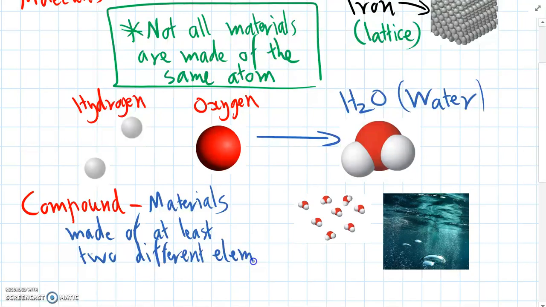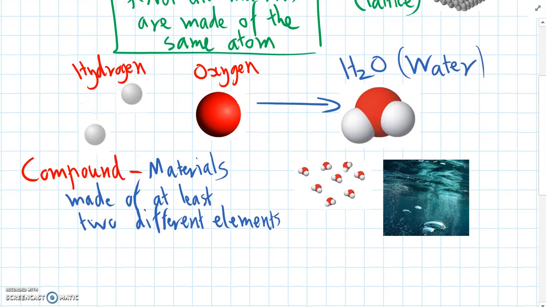Two different elements. And the key with compounds is that those different elements have to be bonded together. So two different elements bonded or joined together.